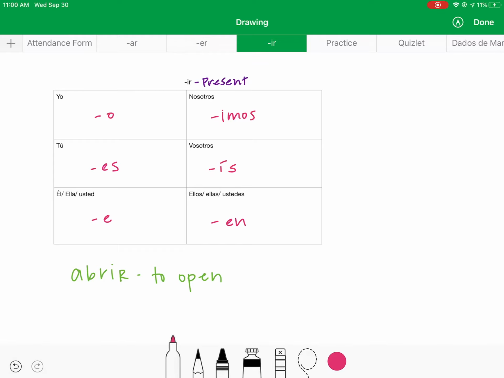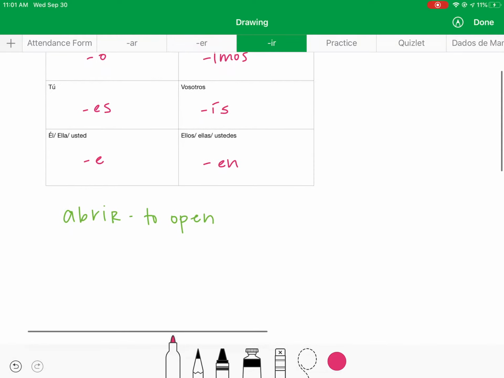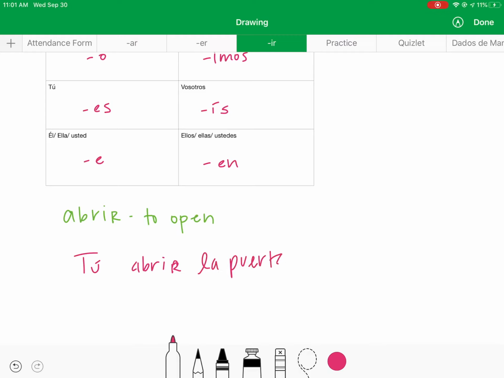So if I want to say, for example, you open the door, you is tú. Abrir la puerta. Now we have to conjugate abrir. So we're going to take off our IR. For you, it'd be ES. Abres la puerta.